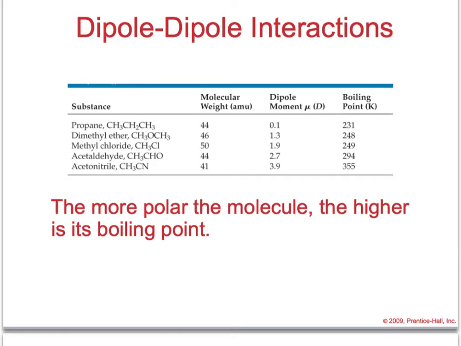As you see in this chart, the dipole moment, look at here. The smallest dipole moment we have on propane, and its boiling point is low. When the dipole moment increases, the boiling point increases too. So how do you get the dipole moment, or is it just a constant?